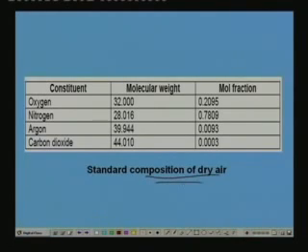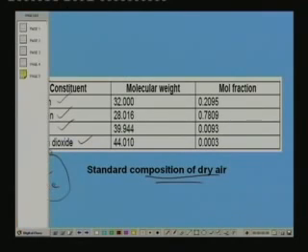It consists of oxygen, nitrogen, argon, and carbon dioxide. Of course, it also consists of many other gases such as hydrogen, helium, etc. But the concentration of these gases is very small. As a result, it was decided by the committee that dry air means essentially these 4 components.